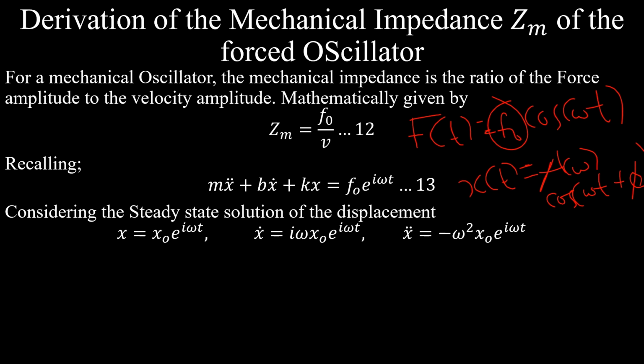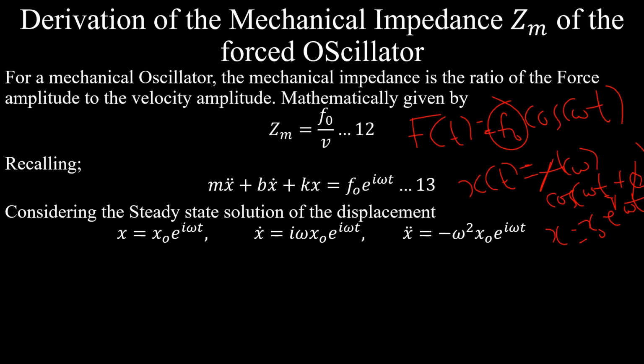So that is the displacement. We can still write this as x equal to x naught e to the power of i omega t. You can still write that expression out as the steady state solution of the displacement.